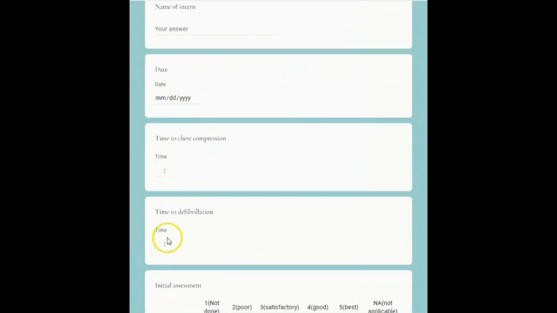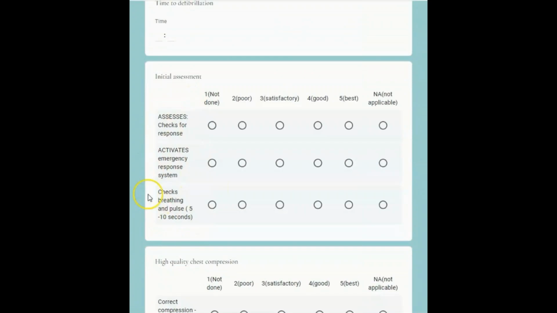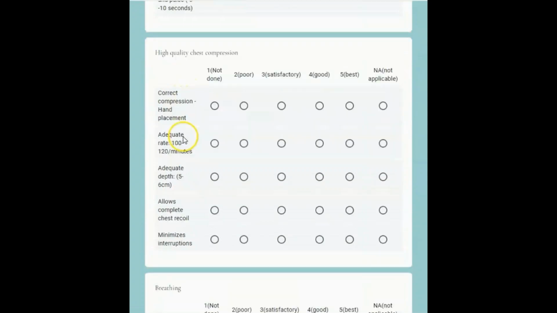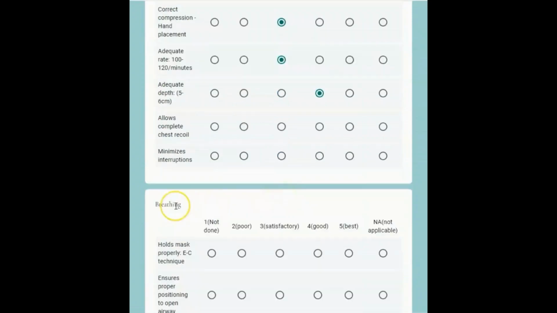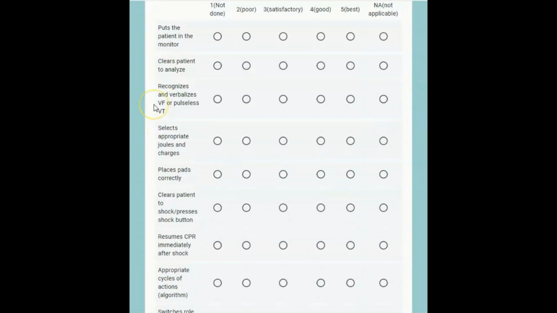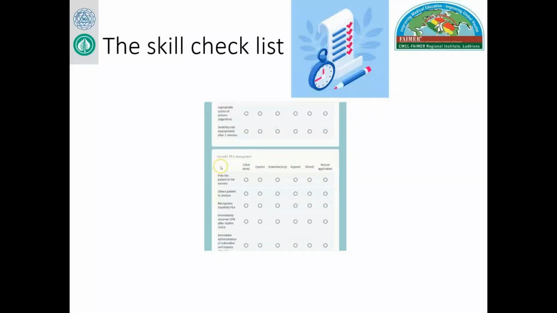Then the checklist of critical actions, with a Likert scale of 5. Here is a list of critical actions which reflect high quality chest compression, and the faculties can rate the performance of the students as they perform. The same applies for shockable rhythms, and for non-shockable rhythms. So this was the checklist used for the module.